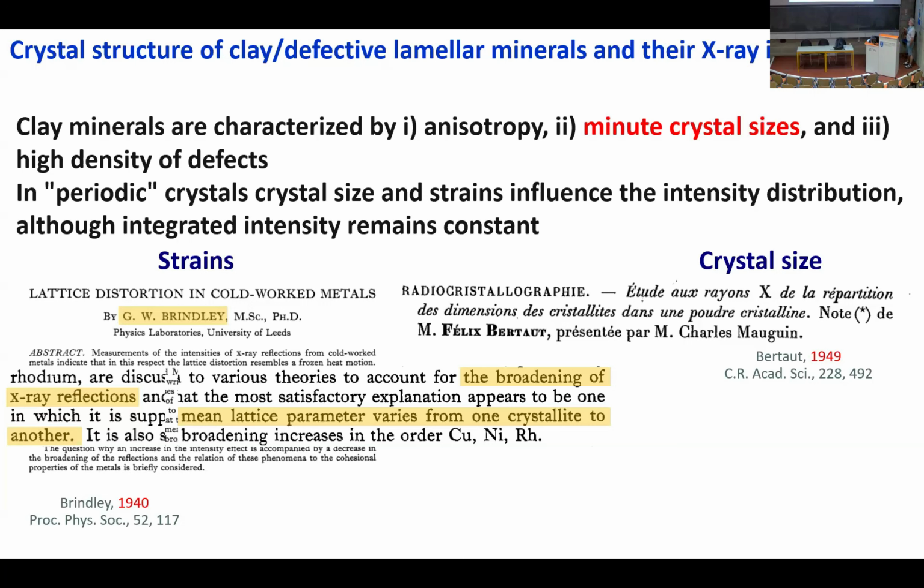One is size, and the other one is strain. And these were also described a long time ago, roughly 80 years ago. And it was possible to determine both size and strains. Strains meaning that you have small variation of the distances we are measuring, from one crystal to the other, or within a given crystal, and that we were able to get that information from the peak breadth.